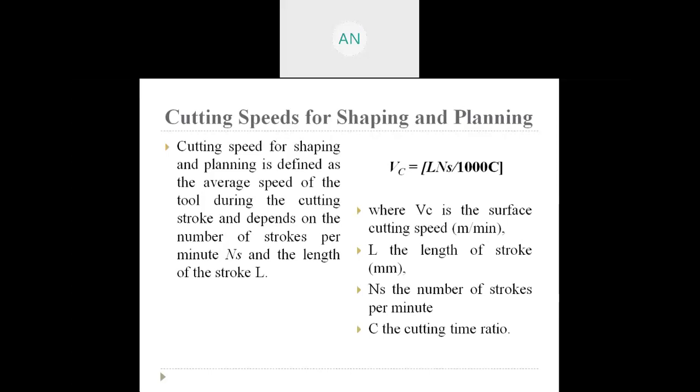With this it will be calculated, followed by the cutting time ratio. What is meant by cutting time ratio? If my cutting time ratio is 4:3, then out of a total of 7 minutes, 4 minutes are utilized for the cutting operation and 3 minutes for the return operation. So my value is going to be 4 by 7.